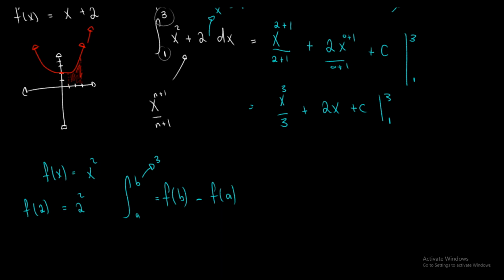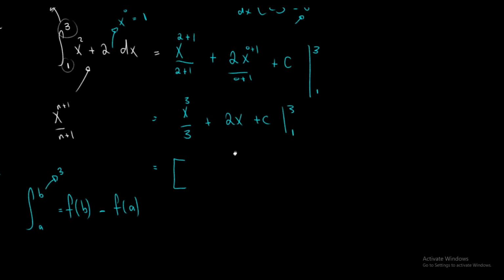So let's do that. Again, I'm going to write every single thing, since I think it might not be valued to you, but it might be valued to another user or another viewer. So let's evaluate. I evaluate my top function, which is 3, and I'm going to subtract from it my bottom function, which is 1.